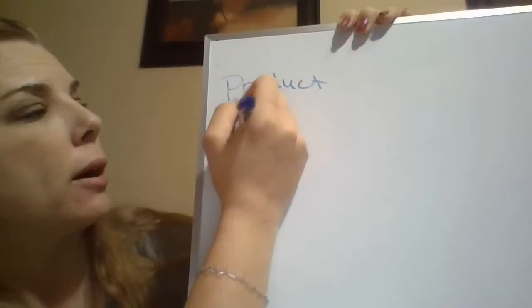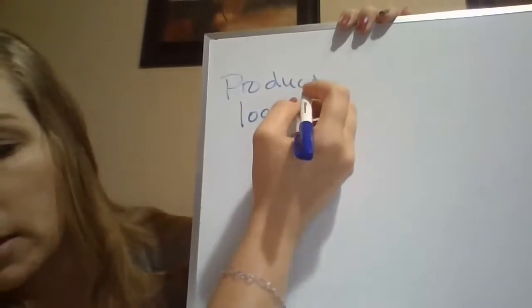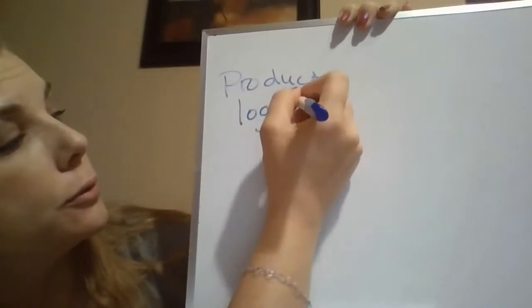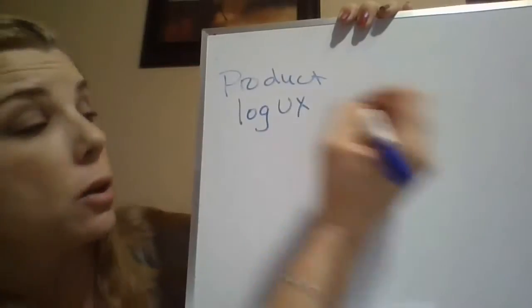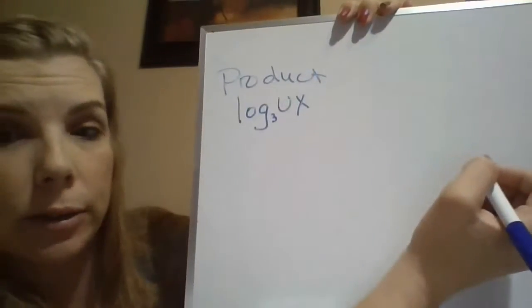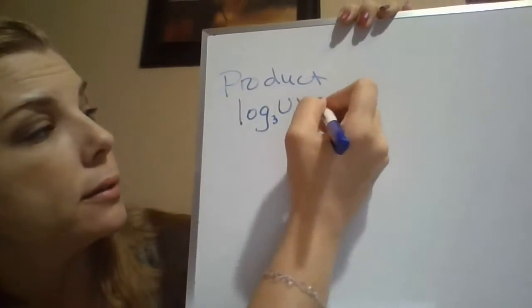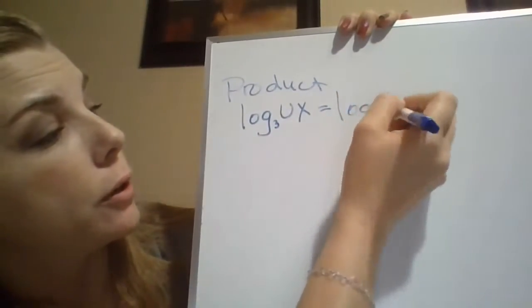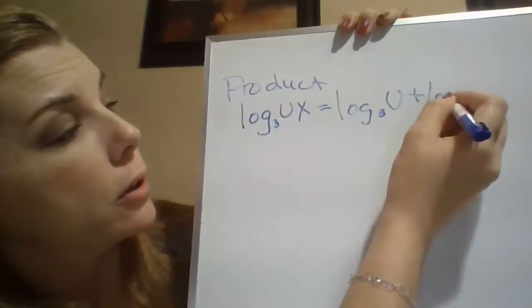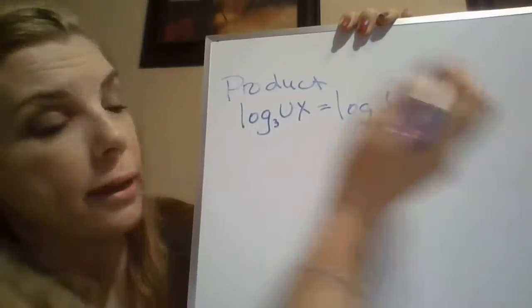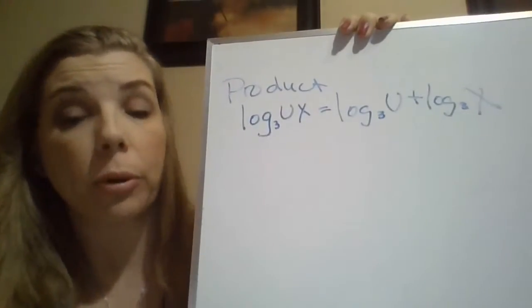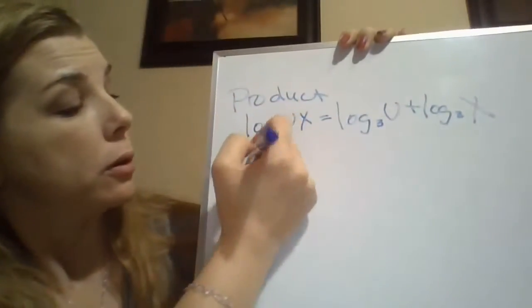So for example, if you have log 3 of ux, you're really adding them. So it'd be log 3 u plus log 3 x. That's it. Then you have the quotient property, which we just did 2 seconds ago.